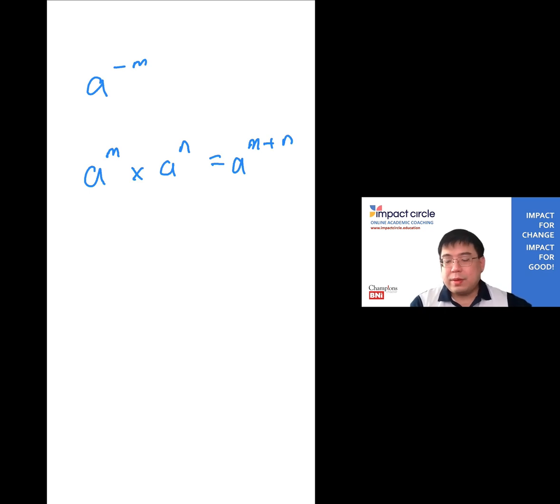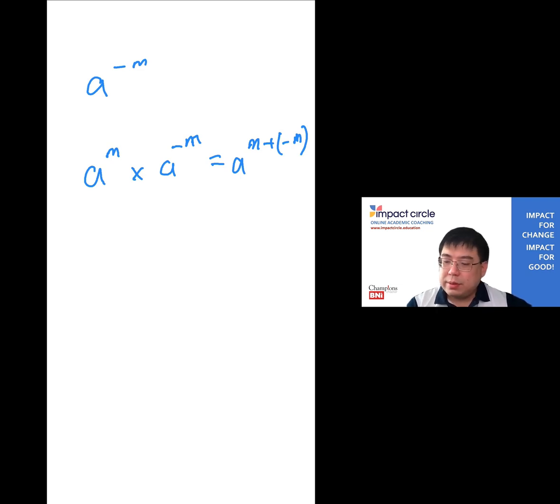What we're going to do is change this to a to the negative m, and we're going to change this to a to the m. So we're using the first law, but changing it such that it is negative.